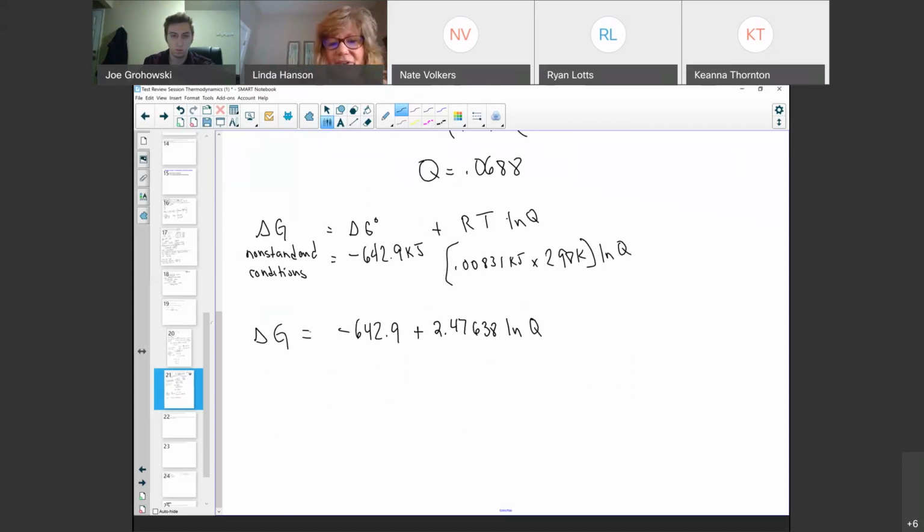Let's bring the negative 642.9 over to the left side, so it will become positive 642.9. Oh, wait. My bad. I need to put Q in. I'm not solving for Q. I know Q: 0.0688. Let me hit it for us. I'm going to hit 0.00831 times 298 times the natural log of 0.0688.